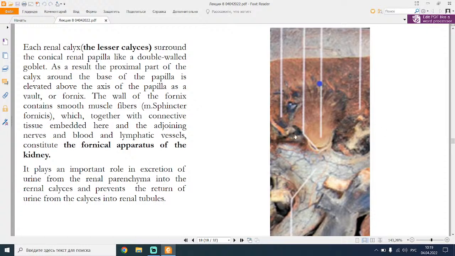This is where the forniceal apparatus of the kidney is located. This is large calyces. This is pelvis.